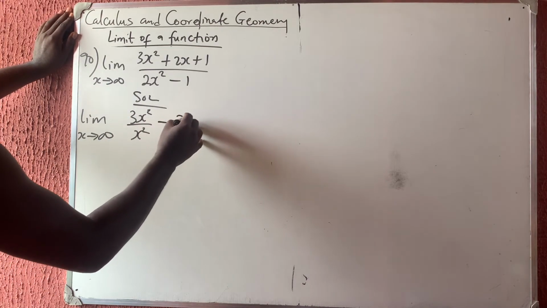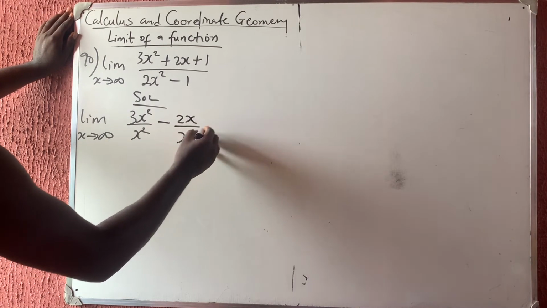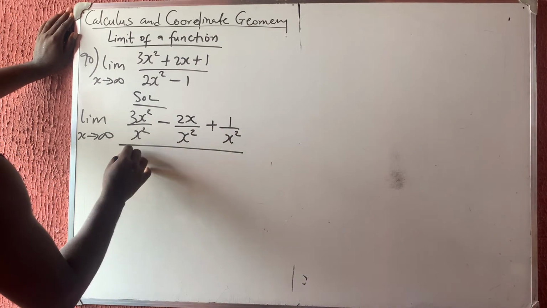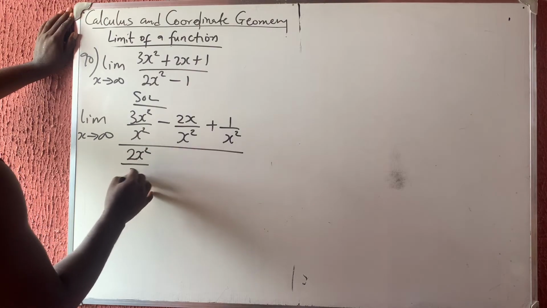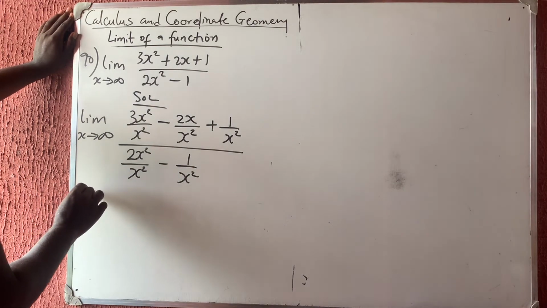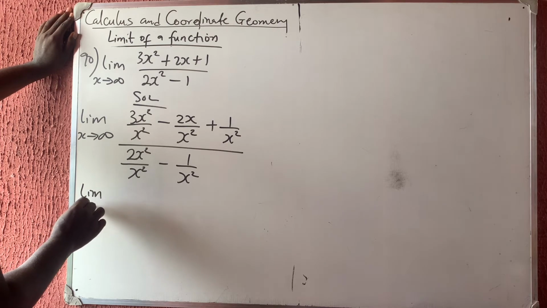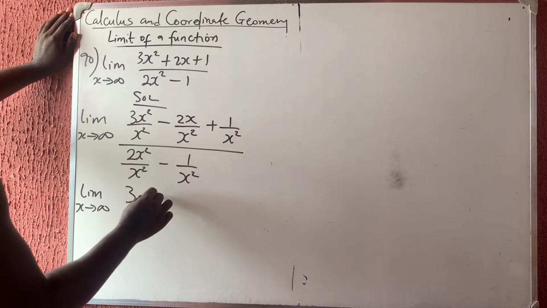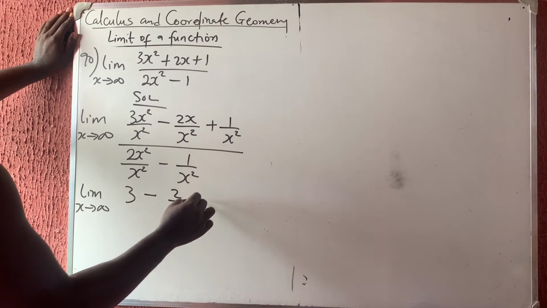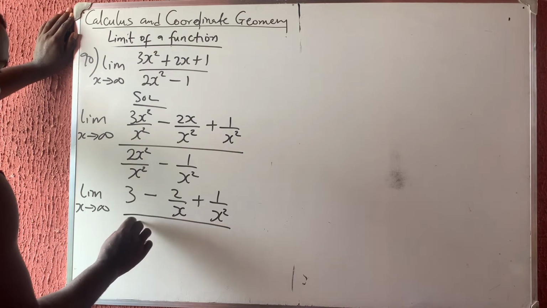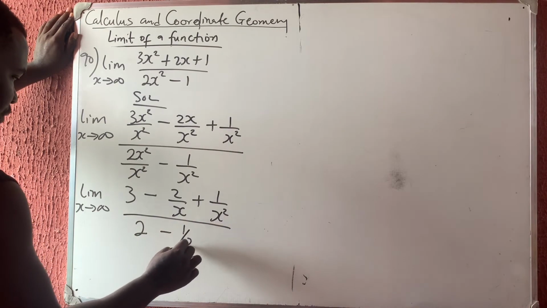So minus 2x over x squared plus 1 over x squared, all over 2x squared over x squared minus 1 over x squared. So this is now the limit as x approaches infinity of 3, here this has cancelled this, minus 2 over x, then plus 1 over x squared, then all over 2 minus 1 over x squared.